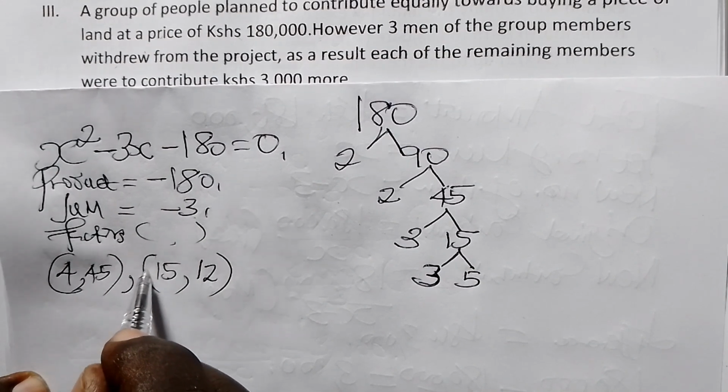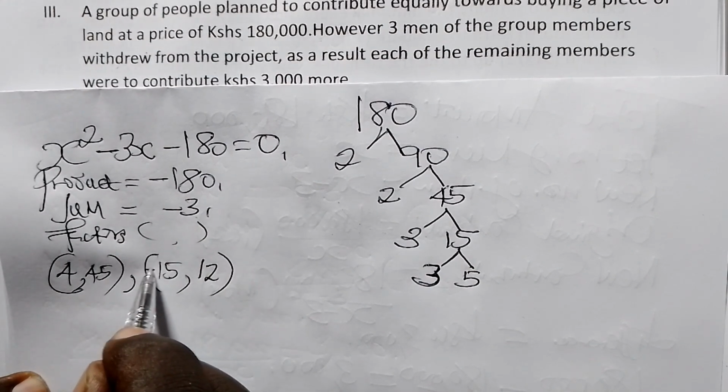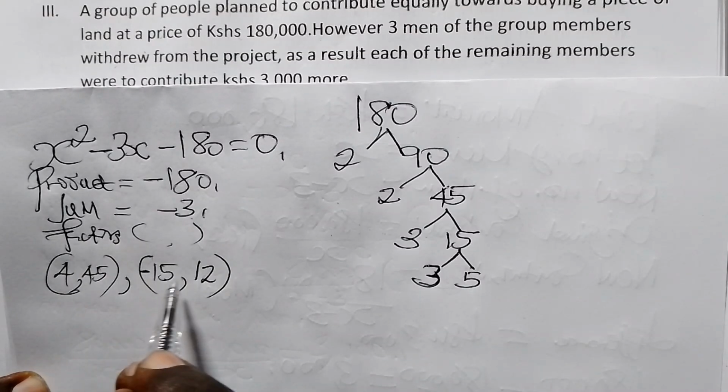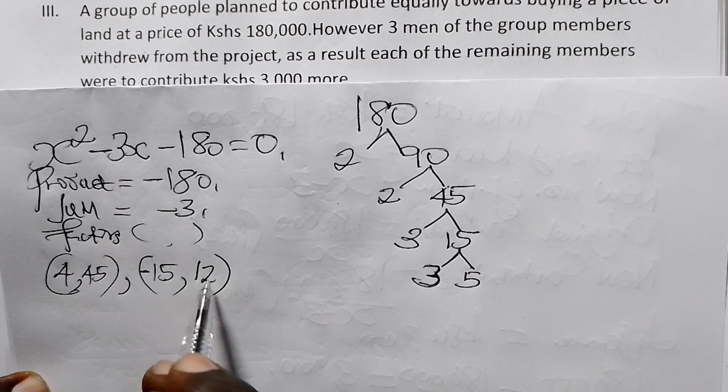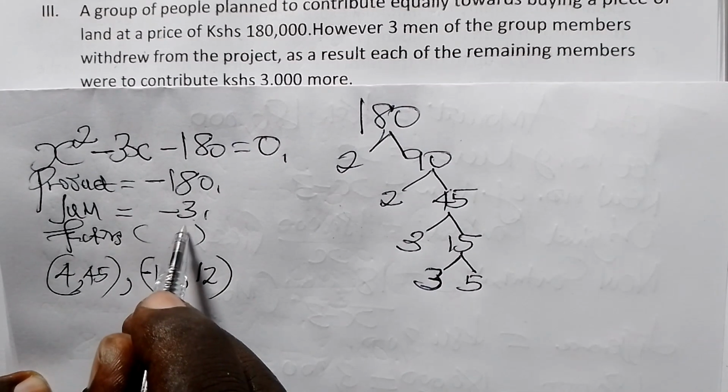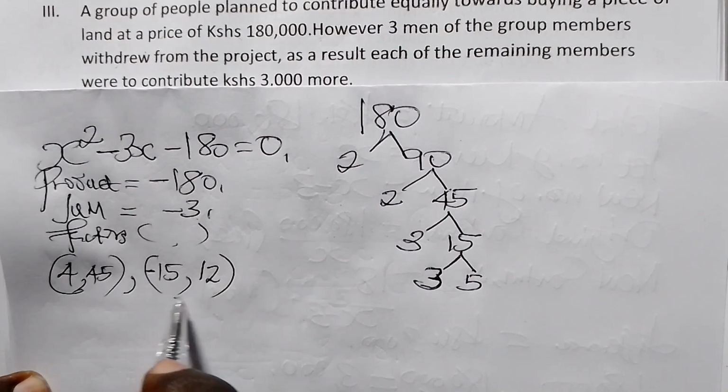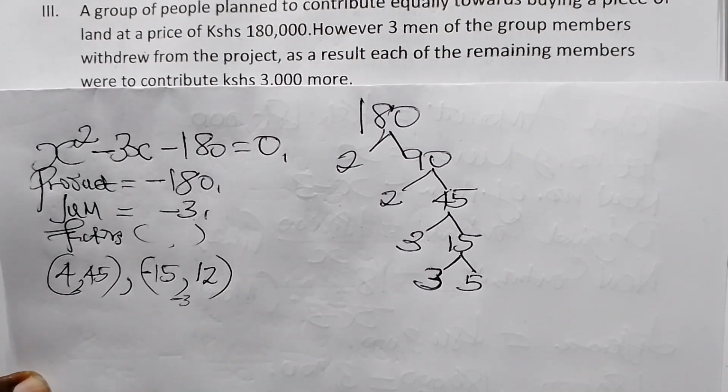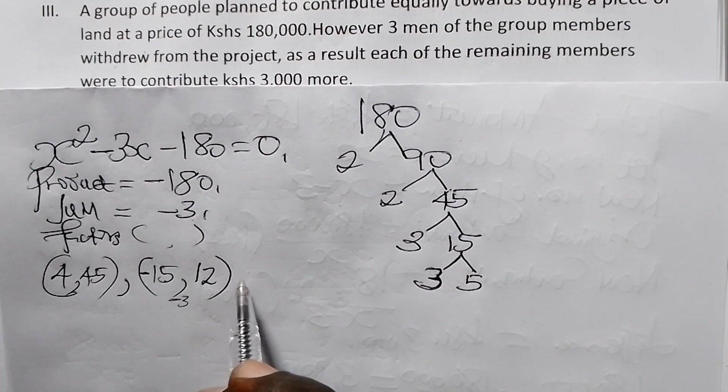If we take the least value to be negative 15, negative 15 plus 12 gives you negative 3. Of course, that is leading us somewhere. So we don't need to go beyond that.